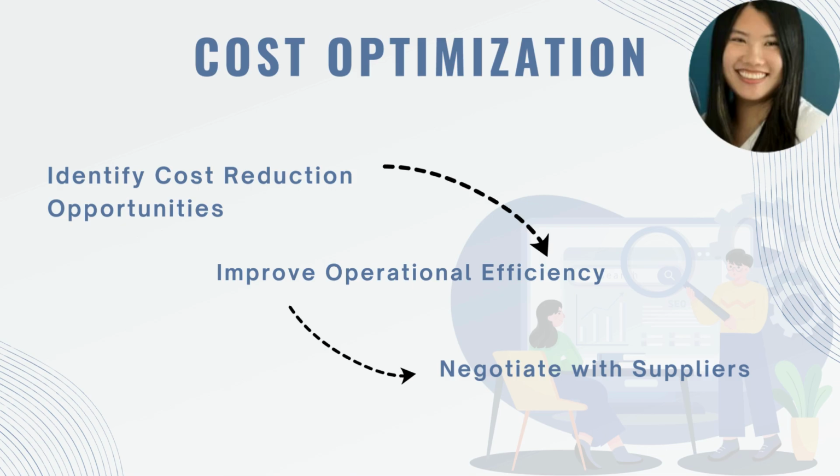In short, this image highlights a proactive and iterative approach to managing and reducing costs within a business by systematically identifying opportunities, implementing efficiency improvements, and strategically negotiating with suppliers. A business can achieve significant and sustainable cost optimization, ultimately contributing to increased profitability and a stronger bottom line.